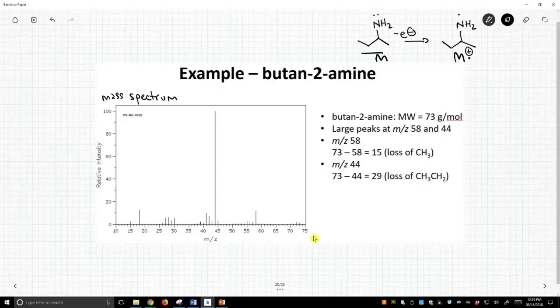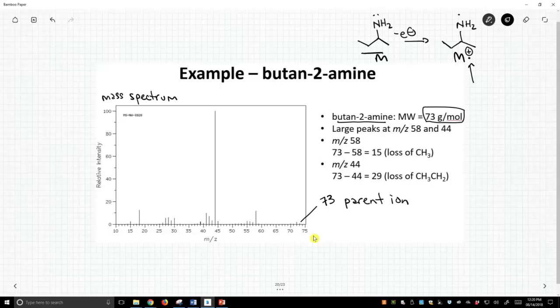We will typically see indication of this ion in the mass spectrum. Butan-2-amine has a molecular weight of 73 grams per mole, so we should see a peak in here at 73. It is tiny, but that is our peak at 73. That is the parent ion.